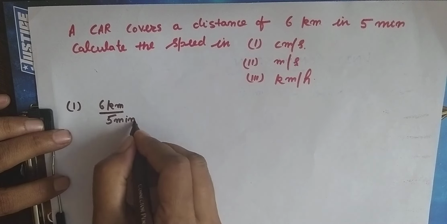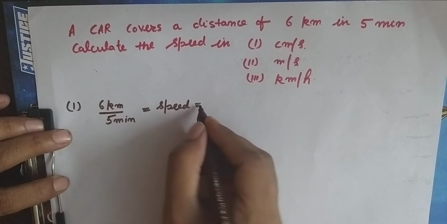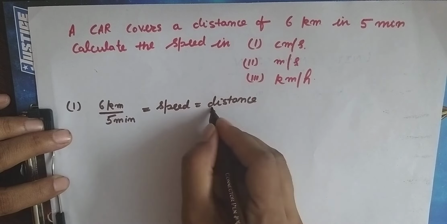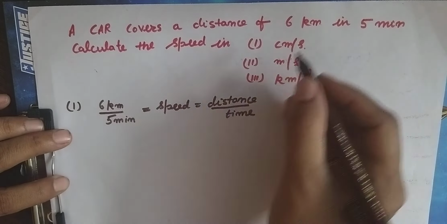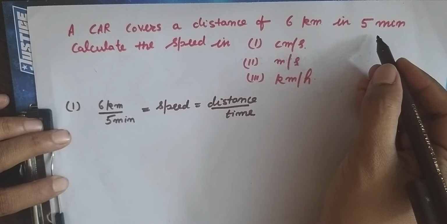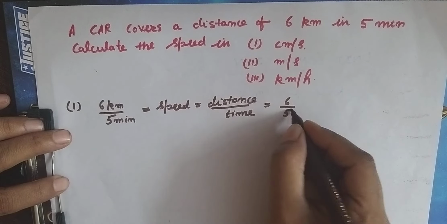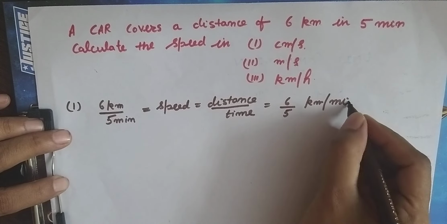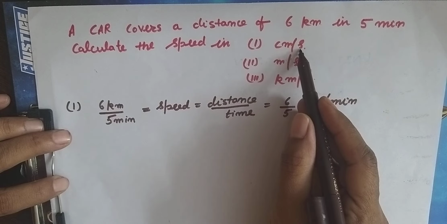Why is it so? Because the formula for speed is distance upon time. Distance here is 6 kilometer and time here is 5 minutes. So it is 6 upon 5 kilometer per minute. In the first case I have to change it into centimeter per second, right?